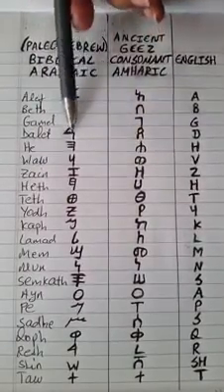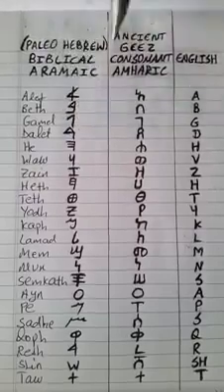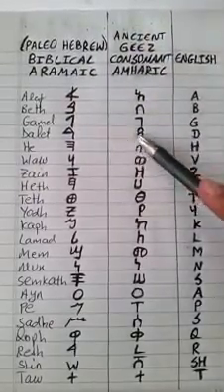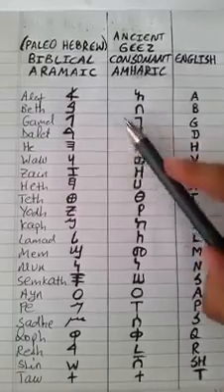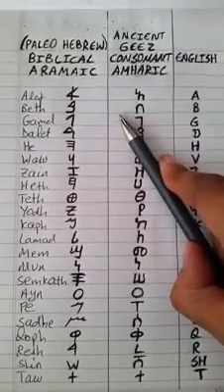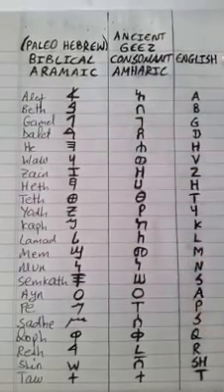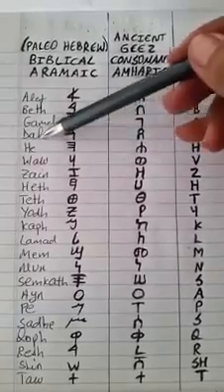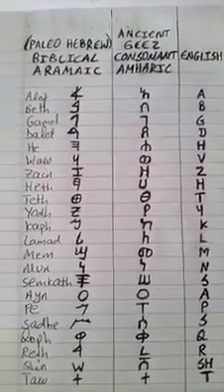The Aramaic one is a triangle. In the case of Amharic, it is a circle. But still, if you take only this part away, it looks similar, which is represented by D in English.